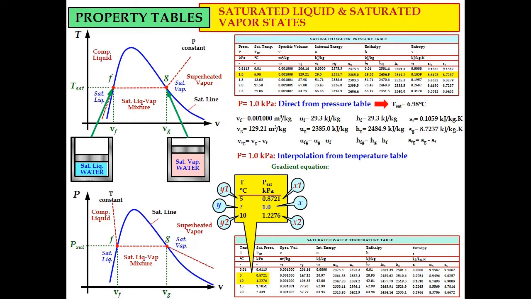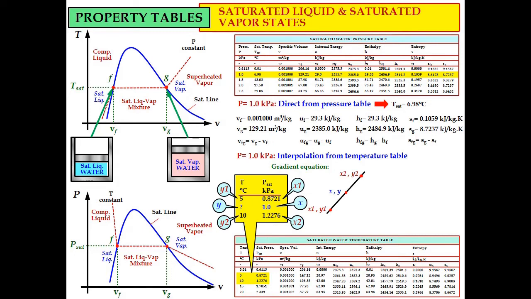So the basic concept of the interpolation is the gradient equation. Let's say we have a line with 3 points, or 3 coordinates: the x, y coordinate, the x1, y1 coordinate, and also the x2, y2 coordinate. These coordinates represent the data that we already mentioned before, the data for the pressure and also the data for the temperature.